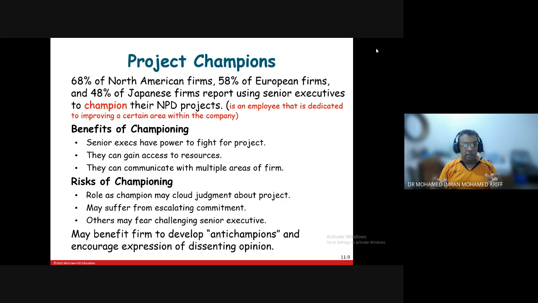That means he or she might be the head of the project, or a person who gives ideas, who fights for the project. He or she may or may not be the project manager, but he is the one who brings that idea and that vision to the front.